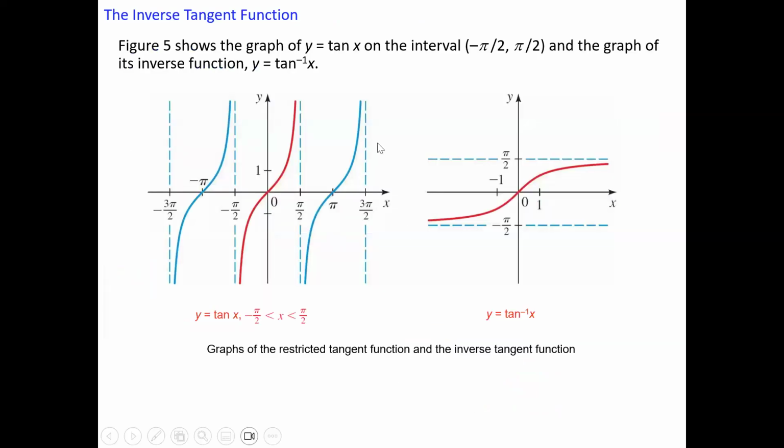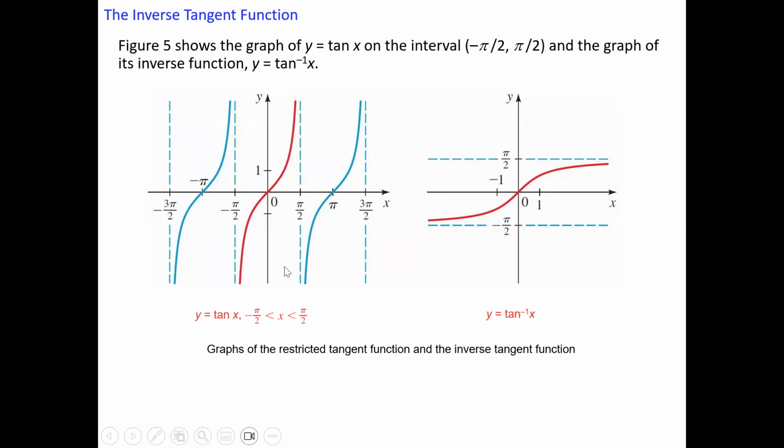And of course, it's not one-to-one because we have infinitely many x's for the same output. That means we will restrict the domain. The restriction is similar to the sine function, from negative pi over 2 to positive pi over 2. However, we're not including the endpoints for tangent. When we take this, we of course interchange domain and range.